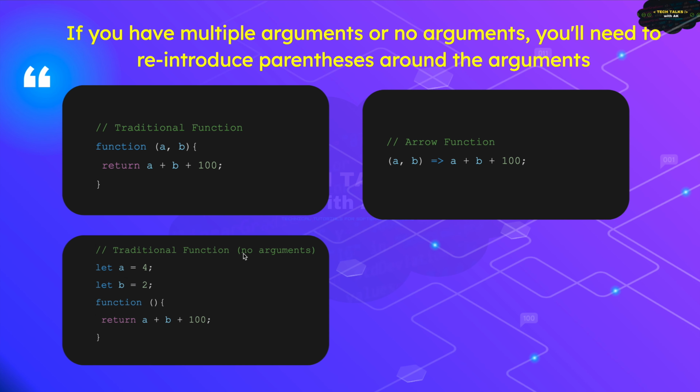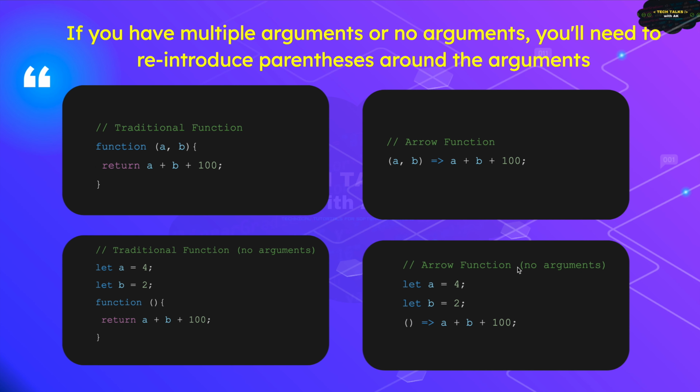Another example, without arguments: we say let a is equal to 4, let b is equal to 2, function returns a plus b plus 100. For the arrow function without arguments, we say let a is equal to 4, let b is equal to 2, empty parentheses, arrow, which returns a plus b plus 100.